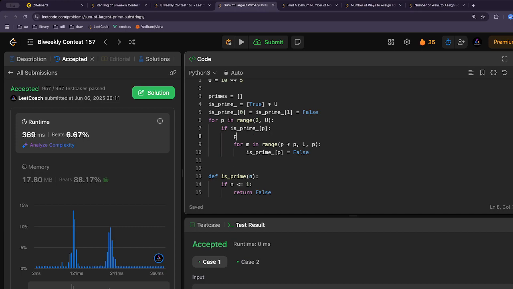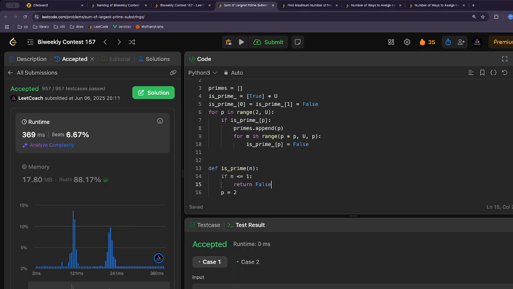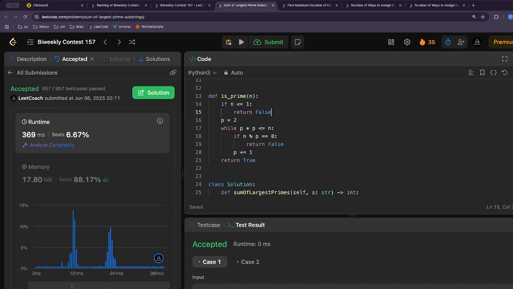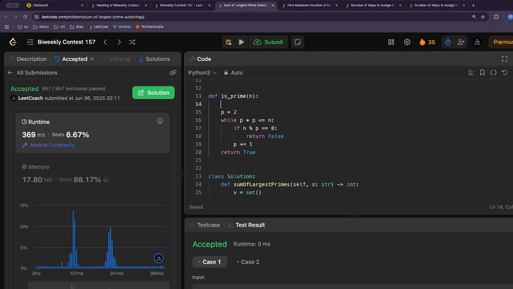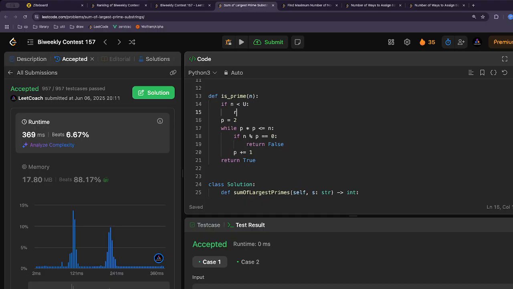And here we can say, okay, we append this to our list of primes, and now we have a list of primes, and we can do two things, right? So we already have a table, right? So if n is less than u, then we just return what the table says, right?